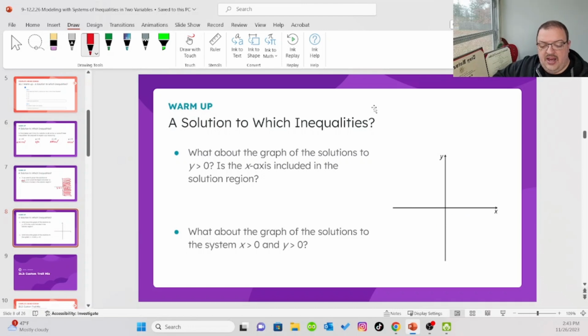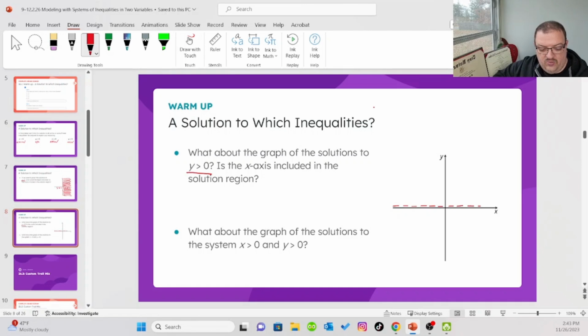What about the graph of the solutions to y is greater than 0? Is the x-axis included in the solution region? So if I only care about y values that are greater than 0, once again, I would not include the line. So I would have a dashed line on the x-axis because I don't want y to equal 0.